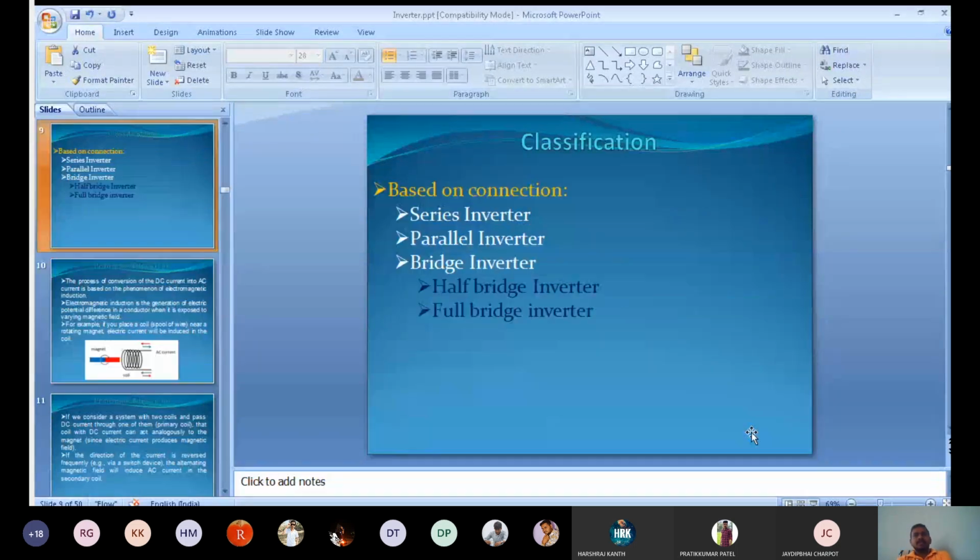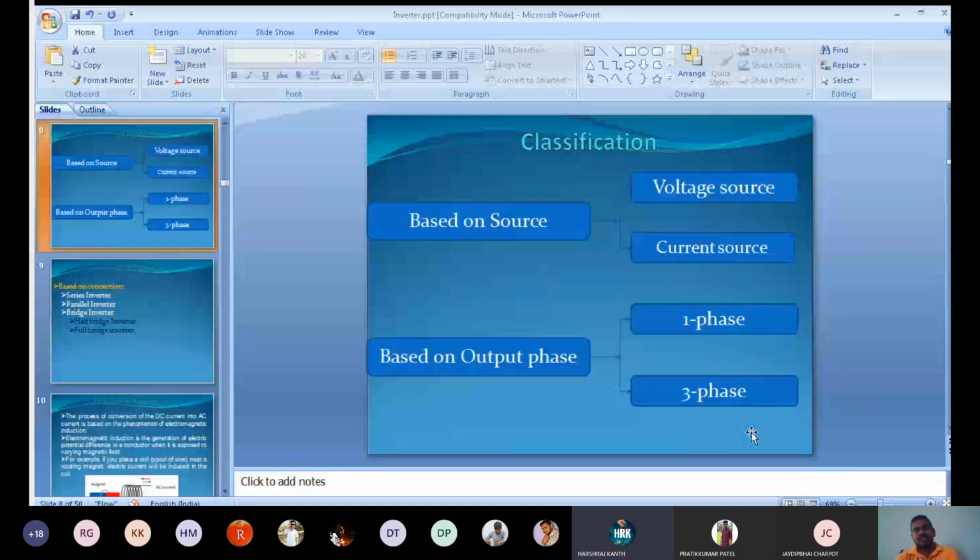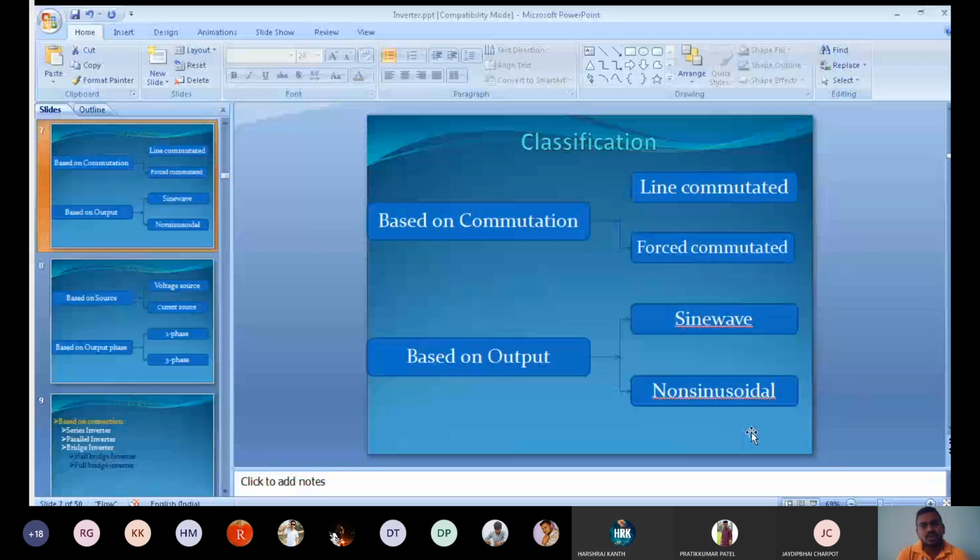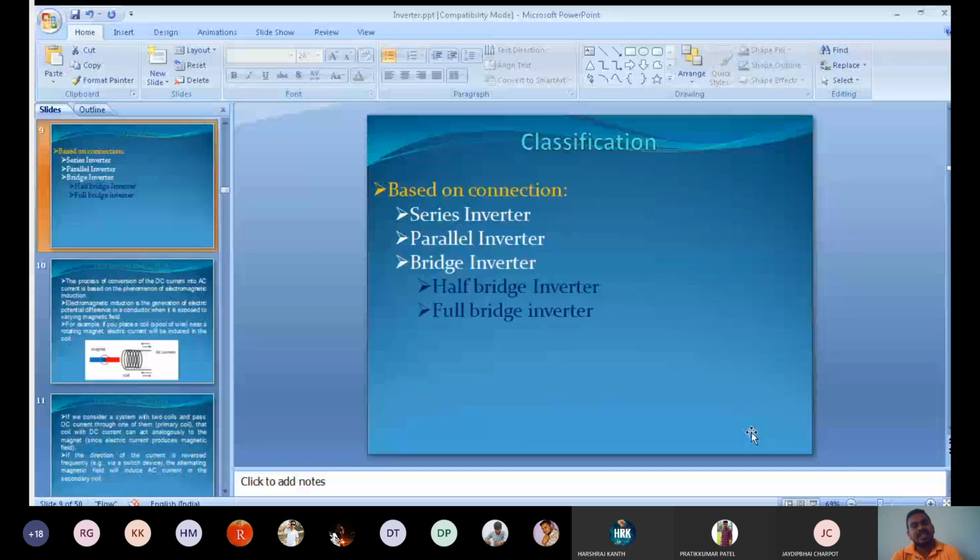Okay, next classification. Yes sir. So total 4 classifications are there. This classification is important: based on commutation, based on output, based on source, based on output phase, and based on connection. Based on connection, that means which type of connection is there in the inverter itself.